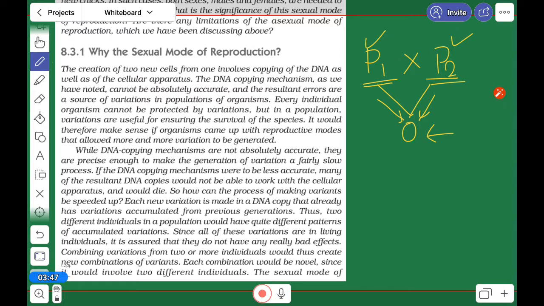This variation is good for evolution and good for the environment, because nature wants different types of individuals to exist, so that they can cope according to the situation. This only happens in the sexual mode of reproduction. It is not possible in asexual or any other type.